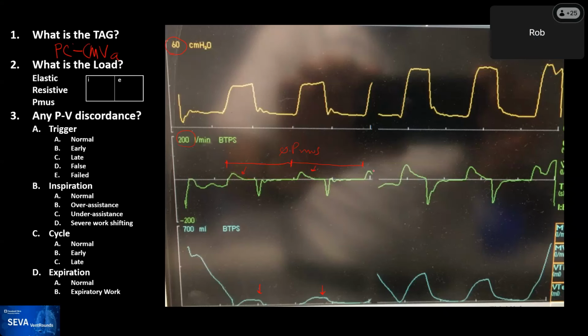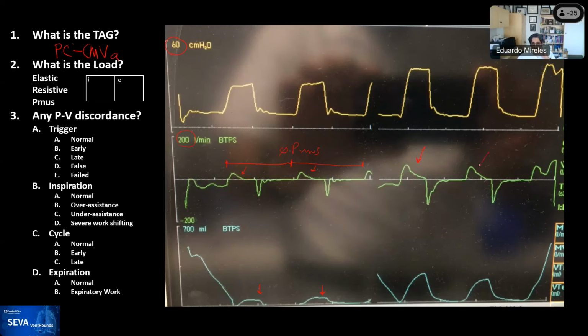Okay. So let's move to the next ones because there are other things here. Let's look at this waveform over here. Do you see any evidence of PMUS?